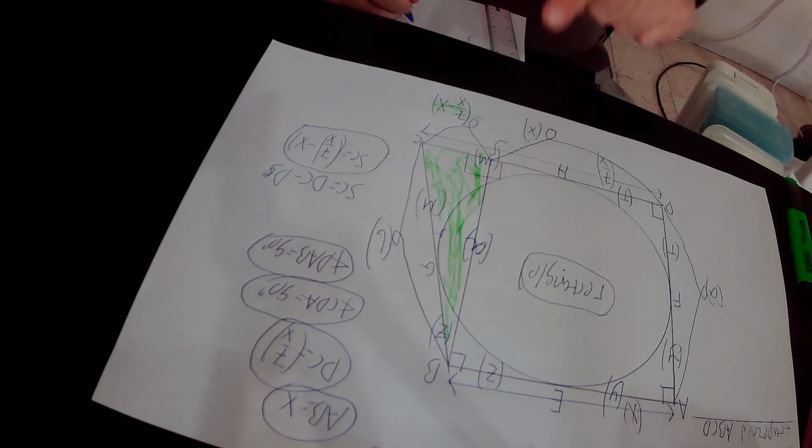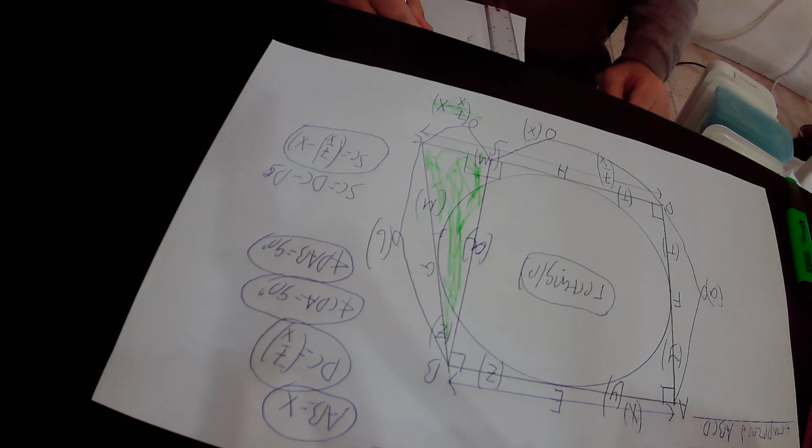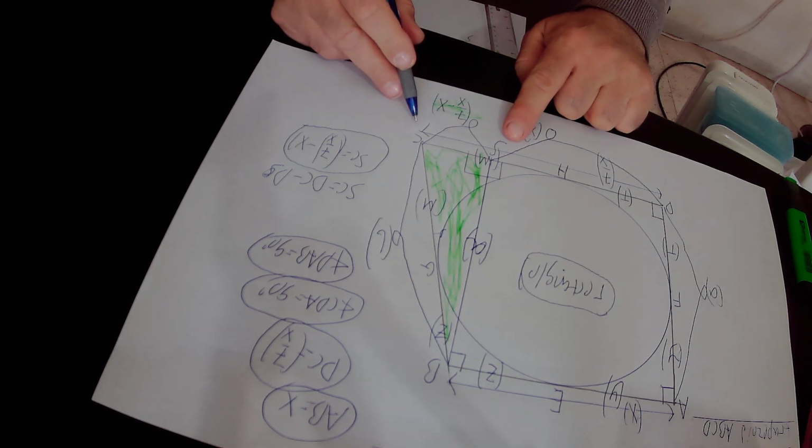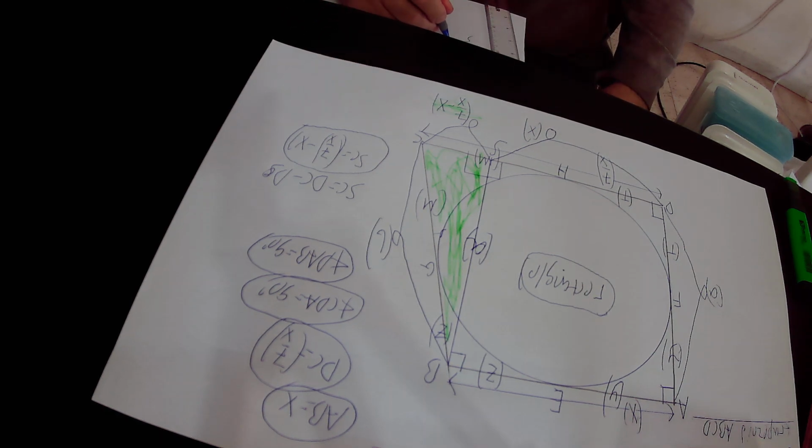Side BS equals A. The hypotenuse BC equals B according to our definition. And we just found out that side SC of the right green triangle BSC equals 7 over X minus X.